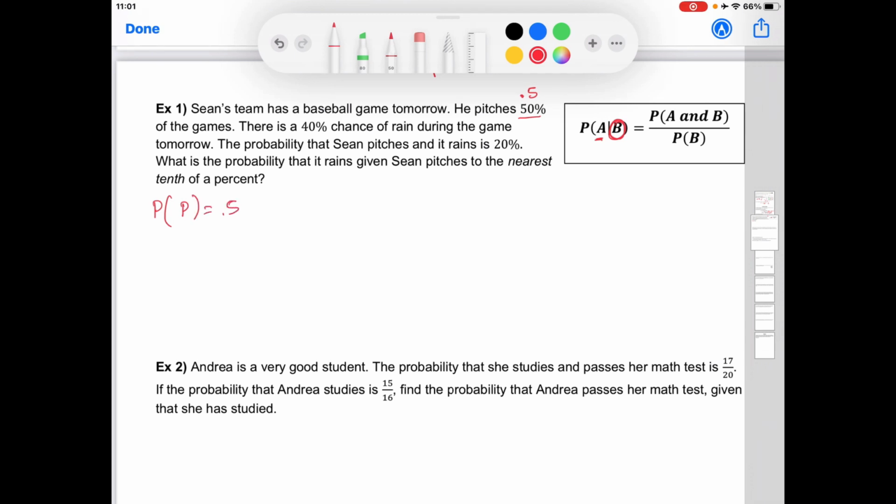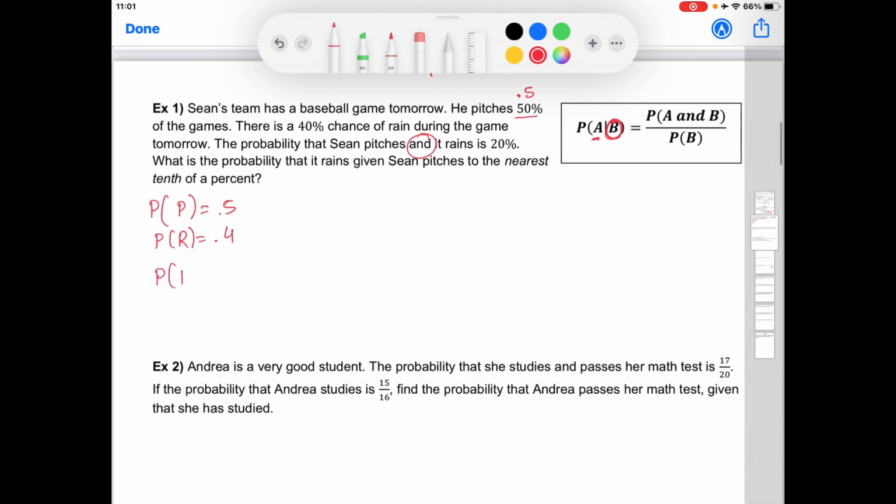Let's call P for pitching. There is a 40% chance of rain during the game tomorrow. So let's write the probability of rain is 40%, which is 0.4. The probability that Sean pitches and it rains is 20%. So the probability he's going to pitch and it's raining is 20%, which is the same thing as 0.2.